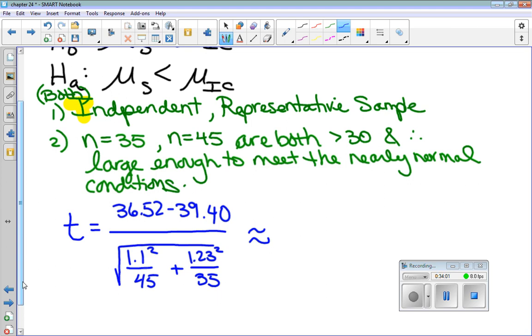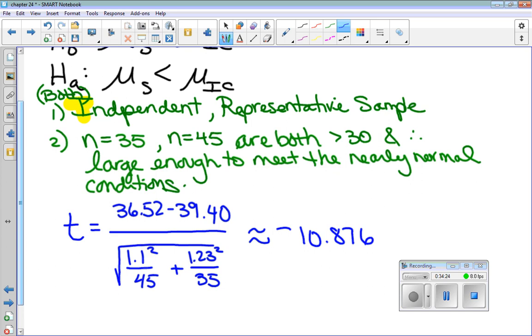except for the hypotheses. Is it the not equals, the less than, or the greater than? The less than, so we make sure we put that there. And we're not pooling. We only pool with proportions. PP. Don't pee in the pool. All right, calculate. I got a test statistic of negative 10.876.